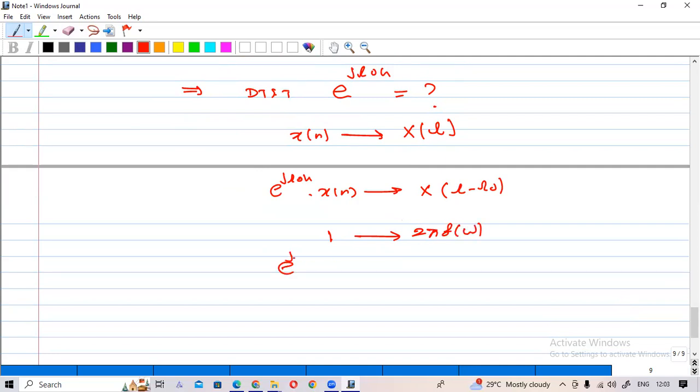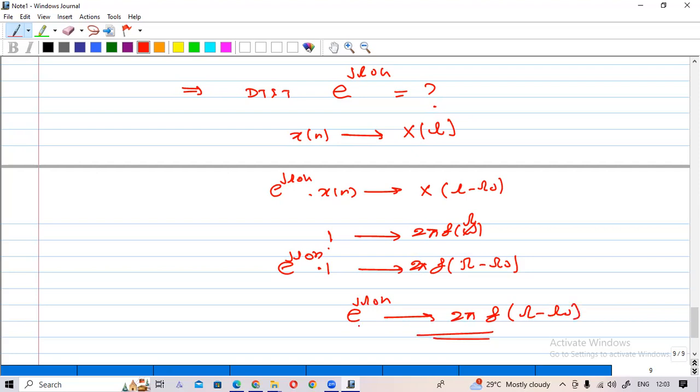Now e to the power j ω0 n into 1, this is the x[n], so it will be 2π delta, and I will put omega here, so it will be ω minus ω0. So the Fourier transform of e to the power j ω0 n is nothing but 2π delta(ω minus ω0). This is the answer.